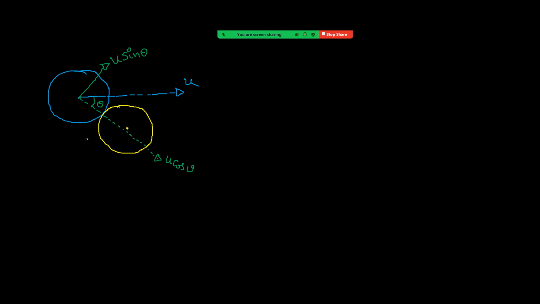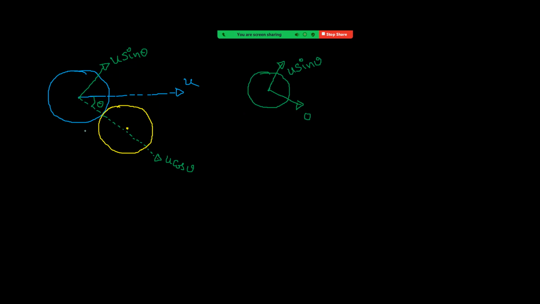That means after the collision, for the first body, along the common normal direction, the velocity is zero, and the u sin theta component along the common tangent remains the same. That won't change.